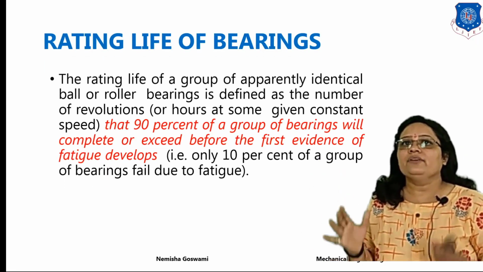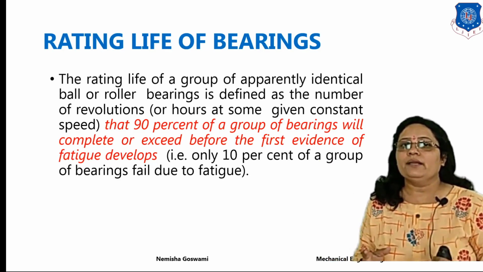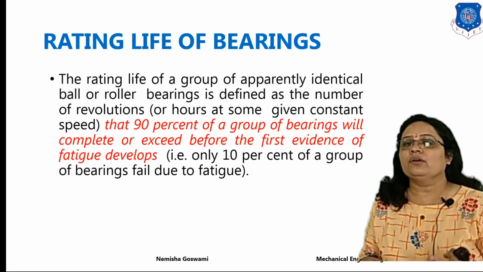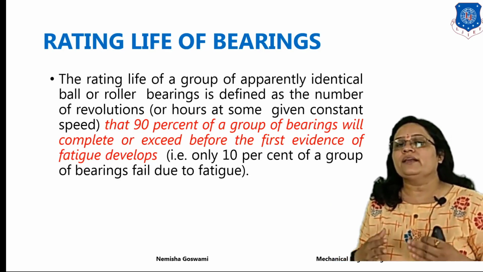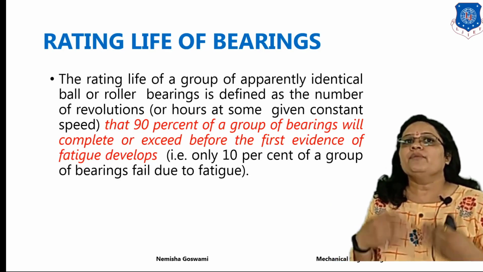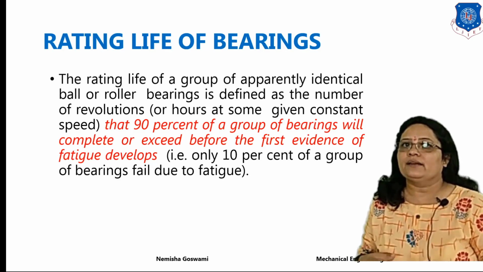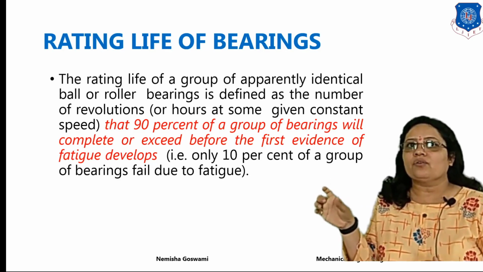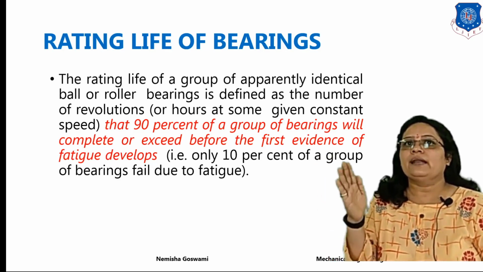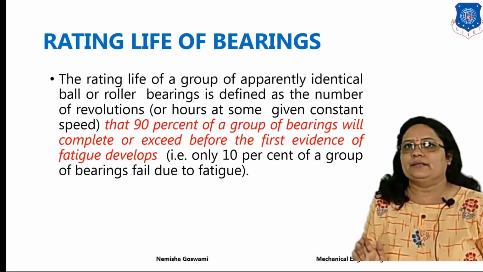And for rating life, we consider a group of ball bearings or a group of roller bearings. When 90% of the group of bearings will complete or exceed before first evidence of fatigue develops, that is known as your rating life. So rating life is with respect to a reliability of 90%.